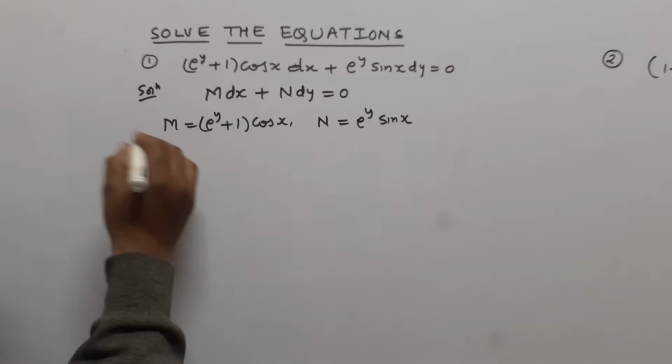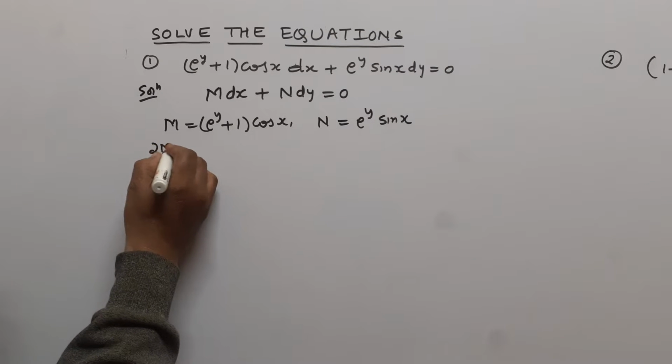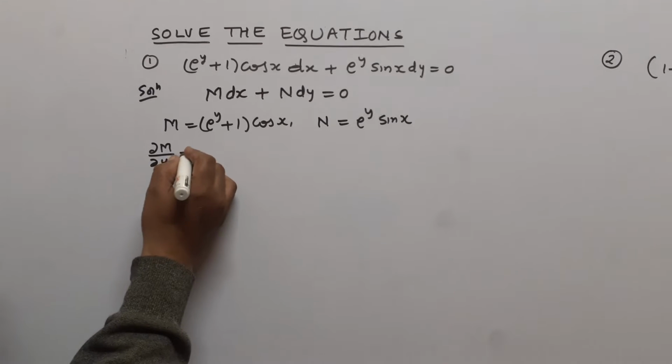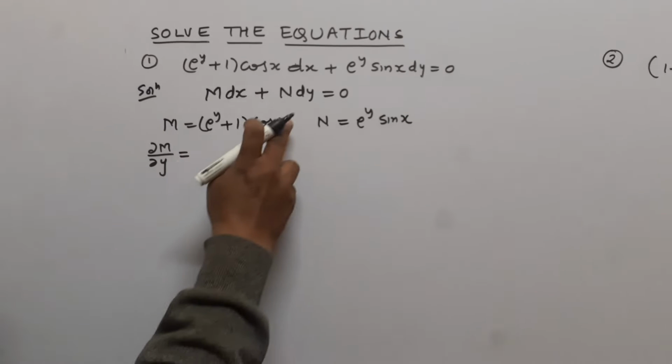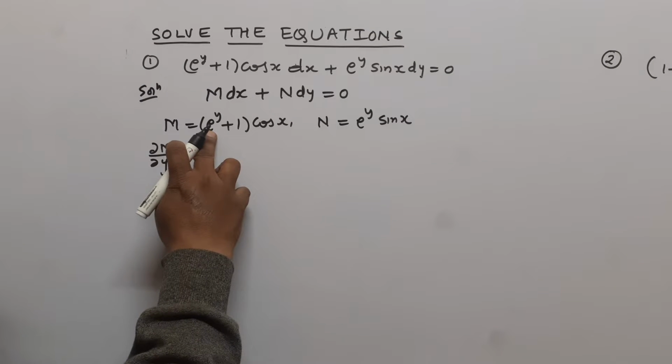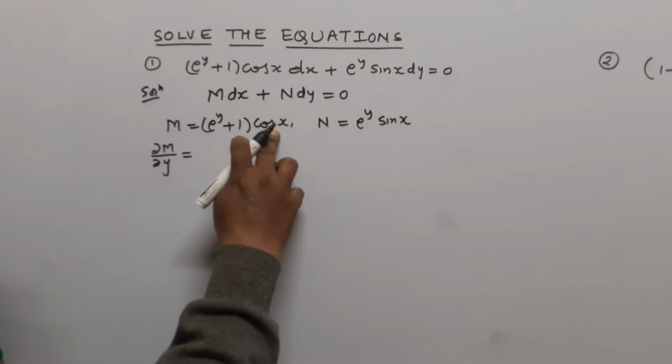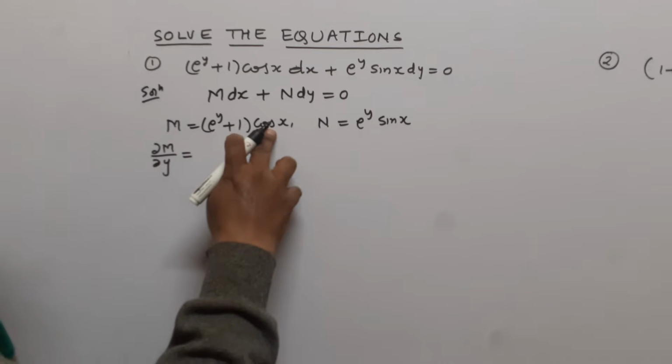Now we differentiate M partially with respect to y. So del M by del y. When we differentiate this e to the power y plus 1 multiplied by cos x with respect to y, this cos x is constant.